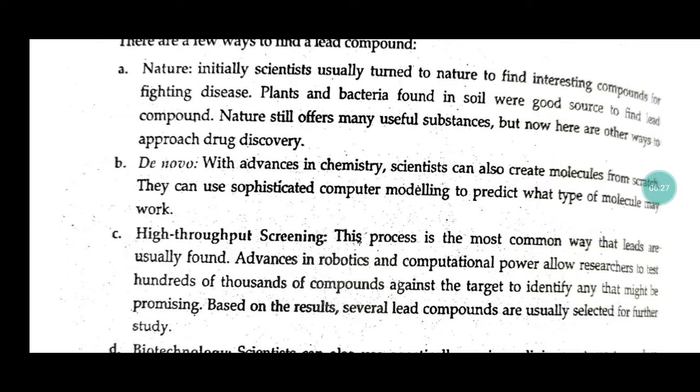Initially the scientists used to turn to nature to find interesting compounds for fighting a disease. Plants and bacteria found in the soil were good sources to find new compounds. Nature still offers many useful substances, but now there are other ways to approach drug discovery.